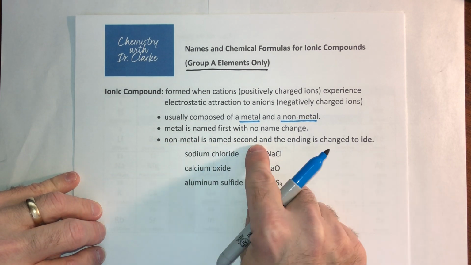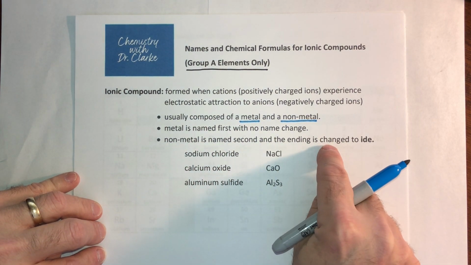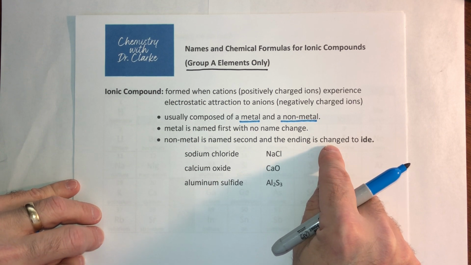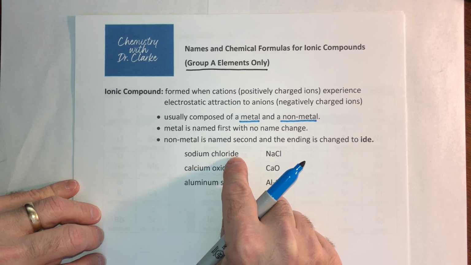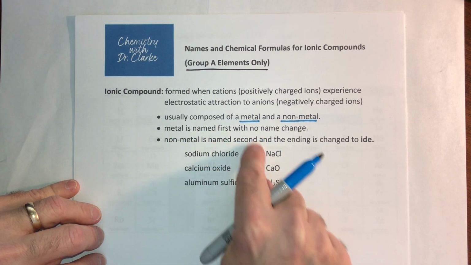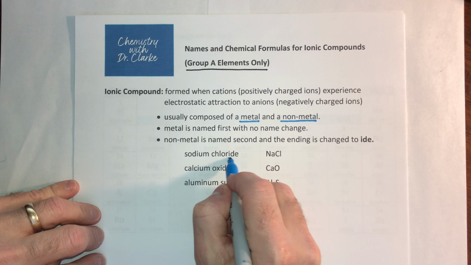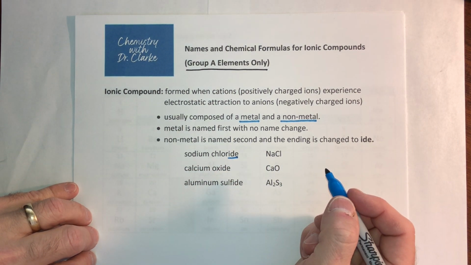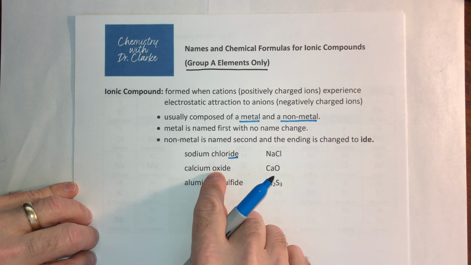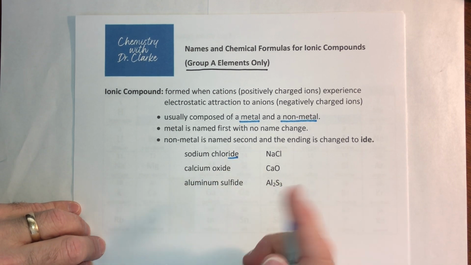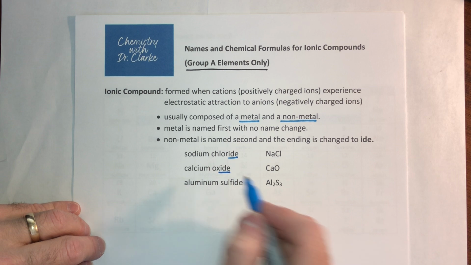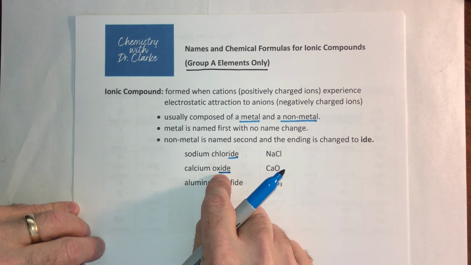The nonmetal is always named second, and its ending is always going to change. On the periodic table, chlorine would end in ine, but because it's part of this ionic compound, it's now going to end in ide, so it's a chloride. On the periodic table, oxygen ends in gen, but when it's part of an ionic compound, it ends in ide, so now it's an oxide.